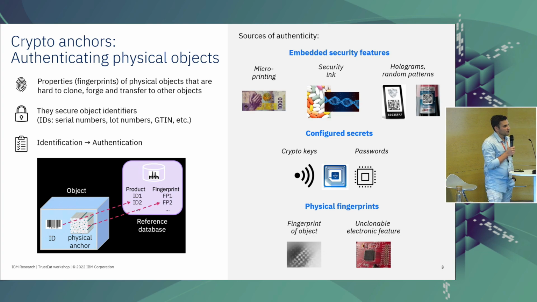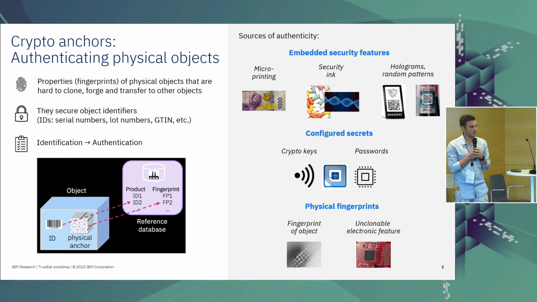Of course, depending on the type of material and object that we want to identify, we can have a different implementation of the crypto anchor. So we can think of properties that we can induce in the material during the fabrication of the object, or something that is intrinsic to the material.